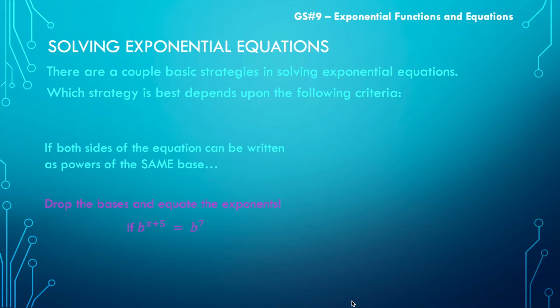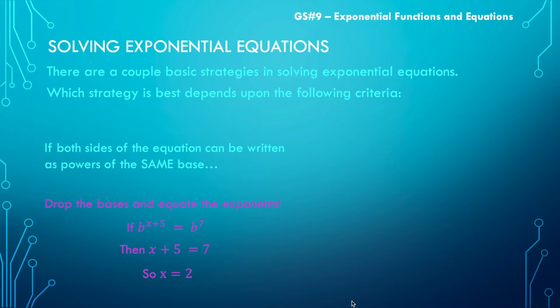So if you can write b raised to x plus 5 equal to b to the 7th, then those exponents have got to be the same. So x plus 5 would have to equal 7, and then you can solve for x, and that would end up being 2.